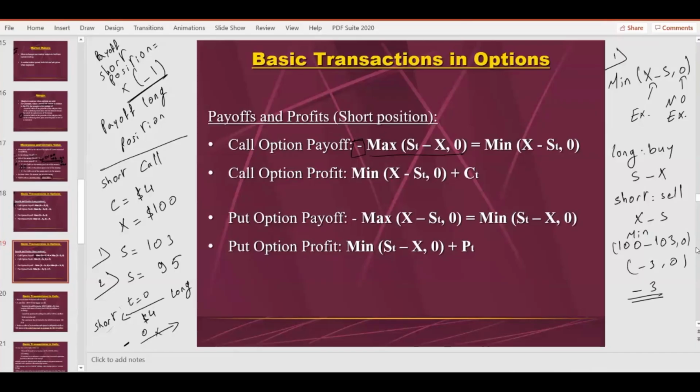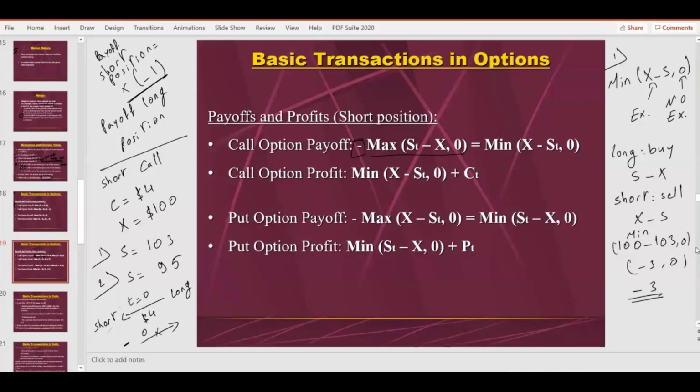So the party with the long position will buy at 100 and sell at 103 and make a $3 positive payoff. For the party with the short position, there will be an obligation to sell at 100 and buy the share at $103, which will result in a payoff of minus 3, or a cash outflow of $3.